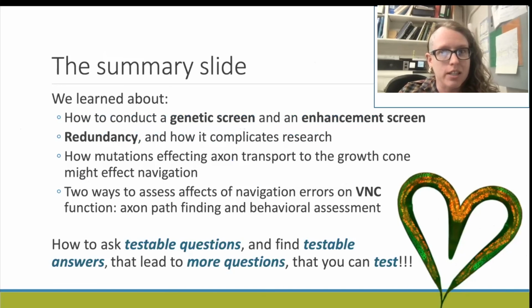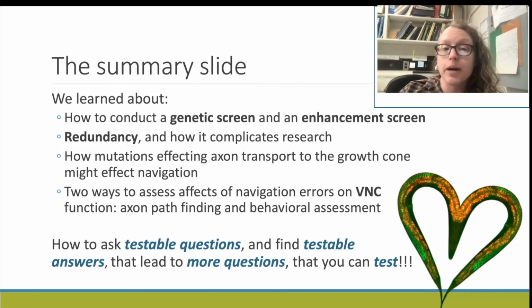This is a summary slide. Today, we learned about how to conduct a genetic screen and an enhancement screen, or at least we reminded ourselves that we already know. We learned about redundancy and how it complicates research and ways to get around it. We also talked about how mutations affecting axon transport might affect navigation.